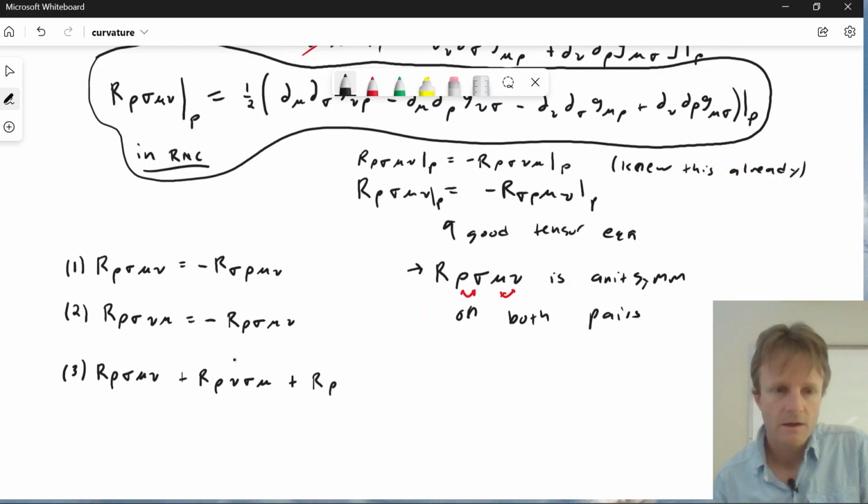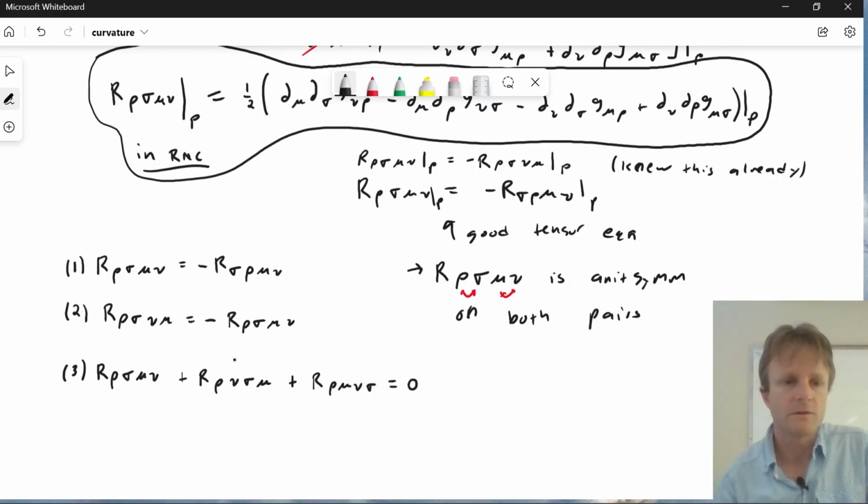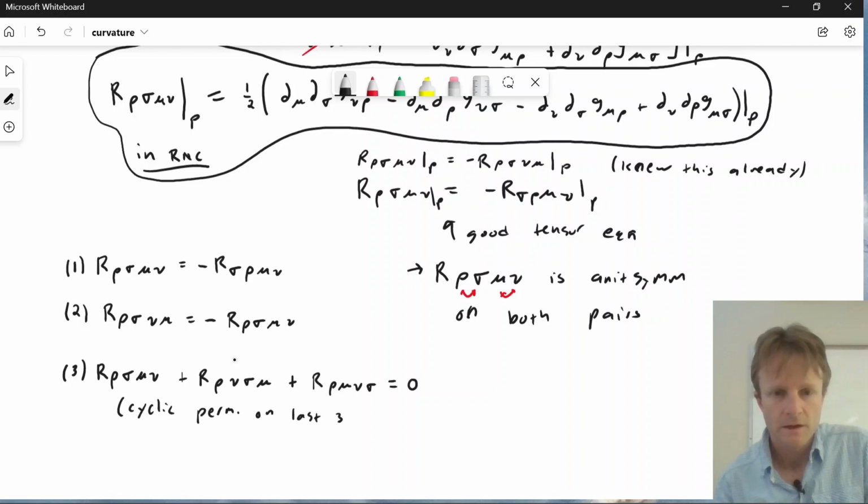Mu comes to the front, mu nu sigma equals 0. So in words, this is cyclic permutations on the last three indices.